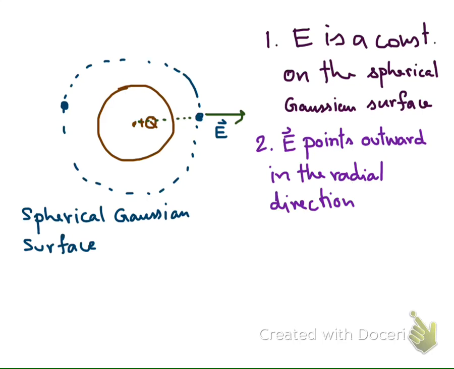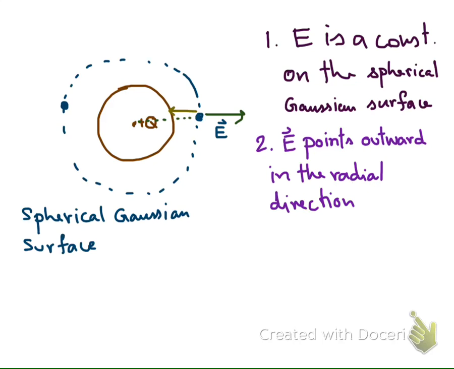But if Q is negative, we can expect that E points inward in the radial direction. Okay, it depends on the sign of Q.